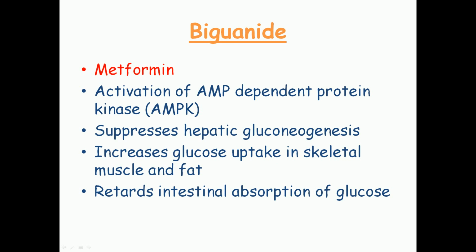It suppresses hepatic gluconeogenesis, increases glucose uptake in skeletal muscle and fat cells, and also retards intestinal absorption of glucose. All these functions sum up to give low blood glucose levels. The blood glucose levels are lowered significantly, but you have to know that metformin will act only if there is at least some amount of insulin in the blood.